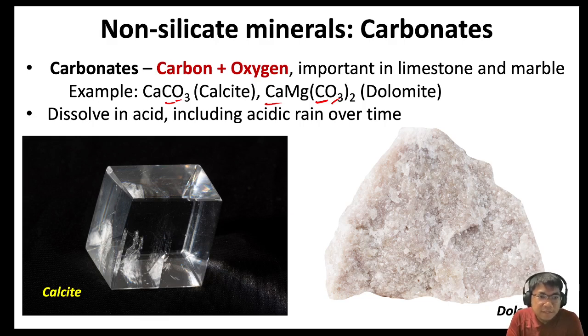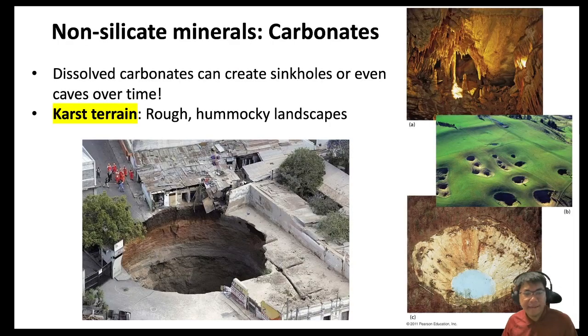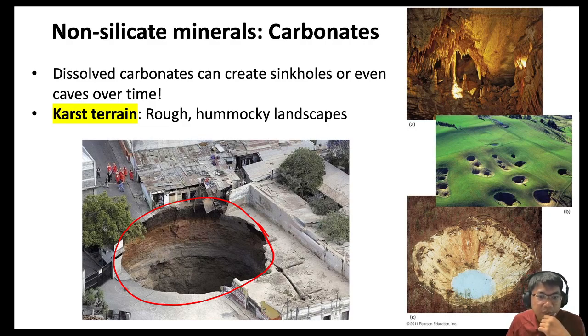And carbonate is dissolved in acid, including acid rain over time. So it easily reacts with fresh water or meteoric water. It actually can dissolve the rocks and the minerals. This is the reason why in some regions, especially regions that have a bunch of carbonate minerals, they will produce what we call karst terrain.